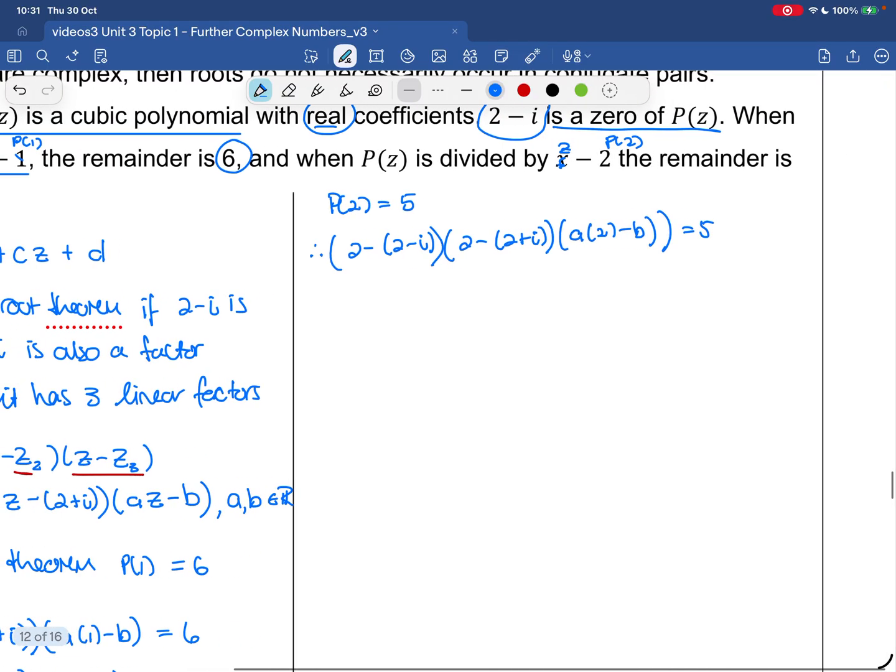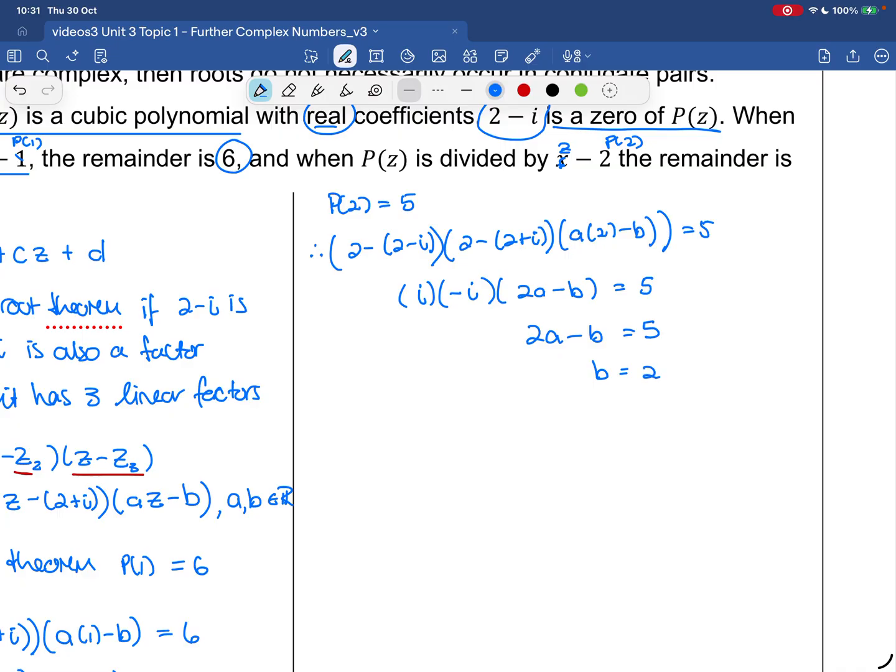Well, 2 minus 2 is 0, and negative times negative is positive I. 2 minus 2 is 0, negative I, and I've got 2A minus B, and I times negative I becomes negative I squared. I squared is negative 1, becomes positive 1, so I have 2A minus B is equal to 5, and maybe we want to write that as B is equal to 2A minus 5.